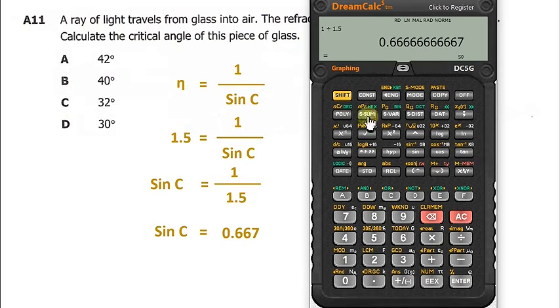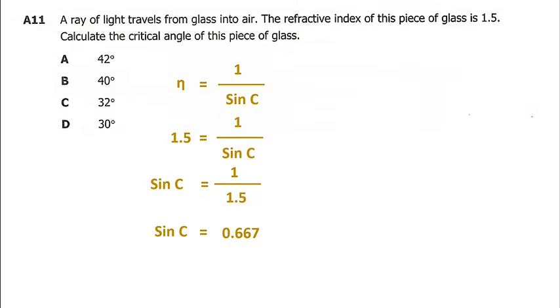For the sake of space, I had to cut it here, 0.667. Then from there we make C, the critical angle, the subject of the formula: C is going to be sine inverse of 0.667.